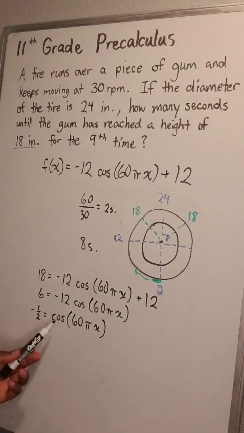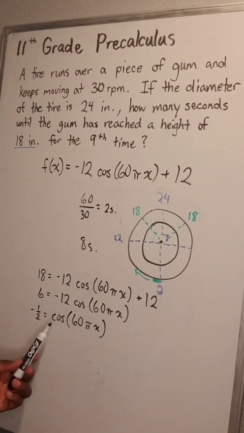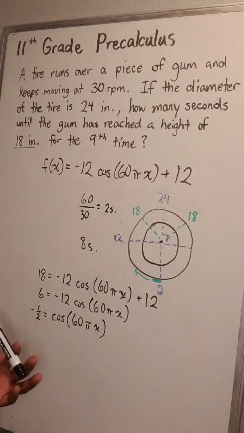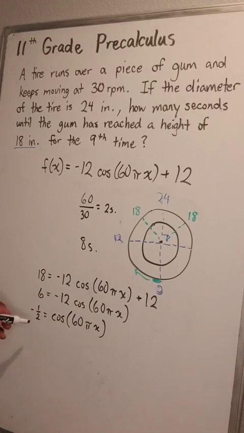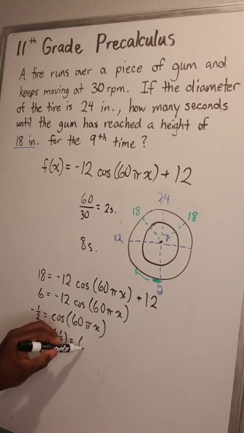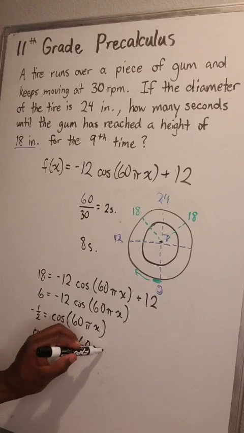Then to get rid of the cosine on the right side, because again, we're trying to get x by itself, so we're getting everything else away from it, I'm going to take the inverse of cosine on both sides. So then once that happens, this will be the inverse cosine of negative 1/2 equals 60 pi x.